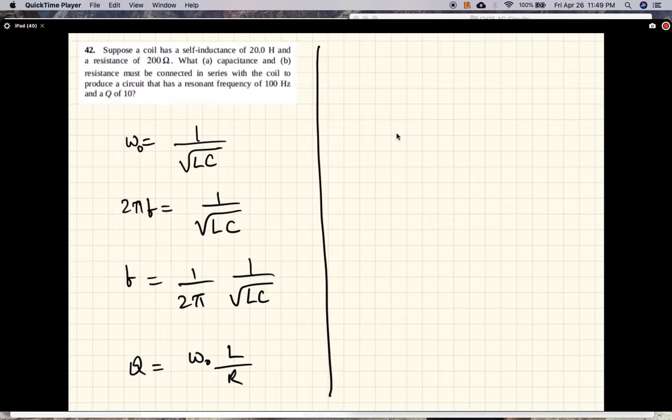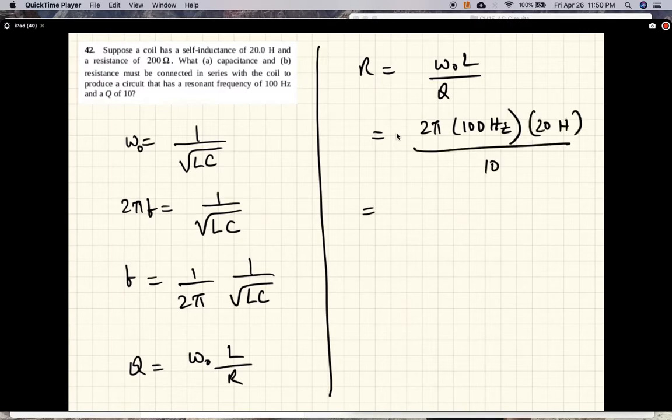Okay, so let's calculate for that. R is omega naught L by Q. So R in the circuit is 2 pi f, which is 100 Hz, times L, which is 20 Henries, divided by a quality factor of 10. So what does this work out to?